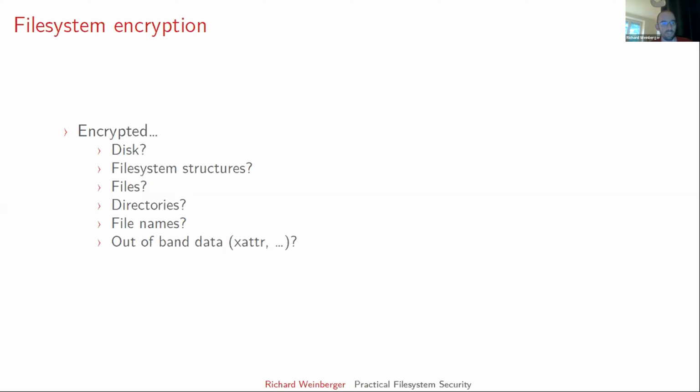For others, it's scoped on the directory level. Or others are surprised when the file content is encrypted, but not the file names, or even out-of-band data like extended attributes. And depending on the mechanism, some of these statements are true and others are false. So you always have to know what you want to have protected and what the mechanism itself will give you.